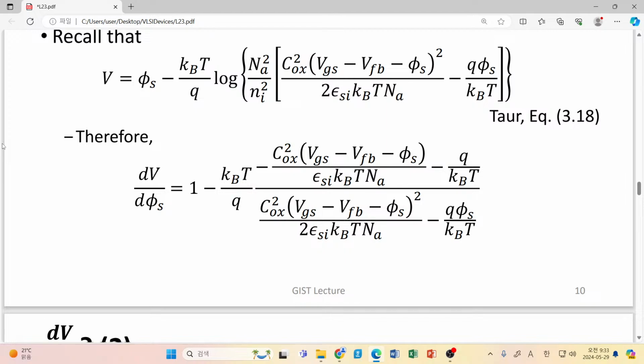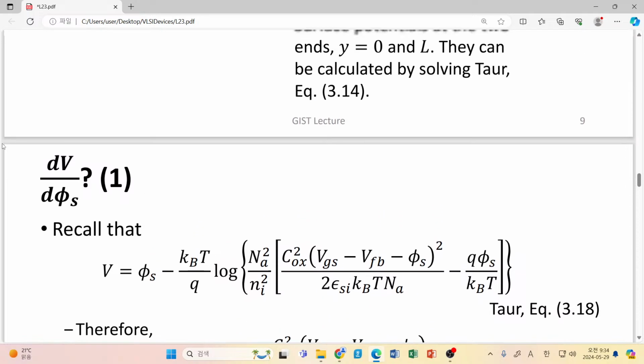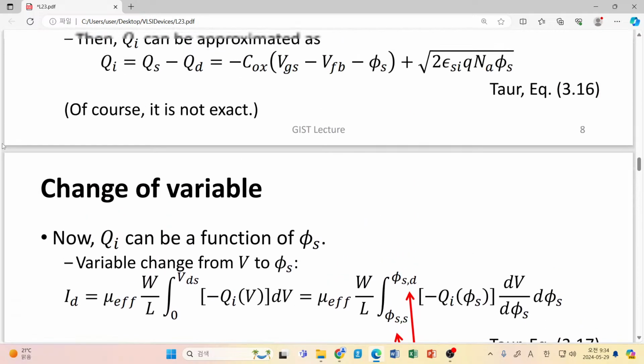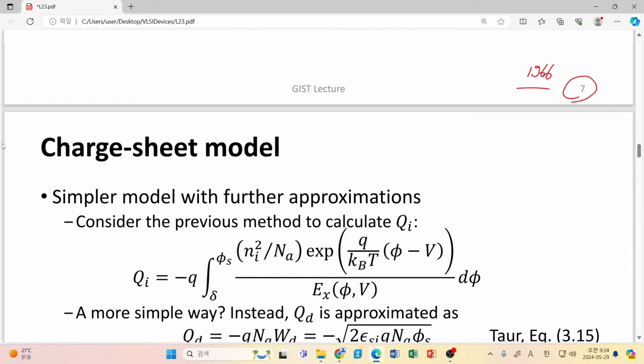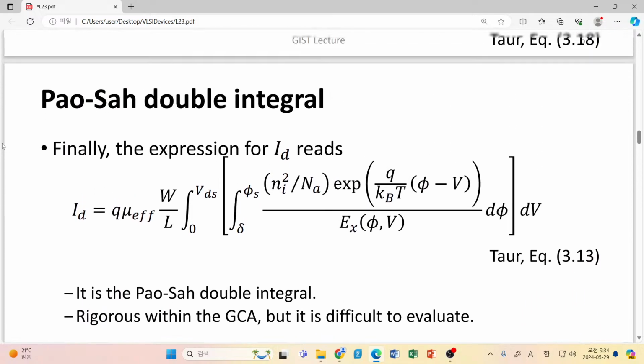Calculation of gate terminal current is of secondary importance, because that is extremely small. Substrate current, yes, that is also of secondary importance, but calculation of drain current is the most important one. So we are spending every effort on this point.